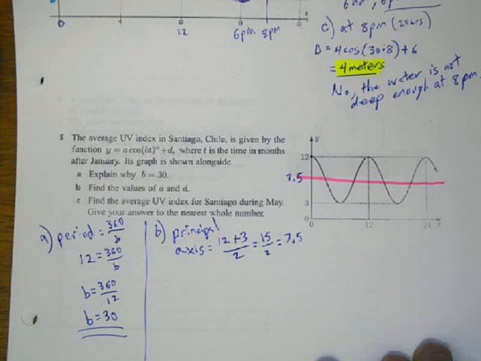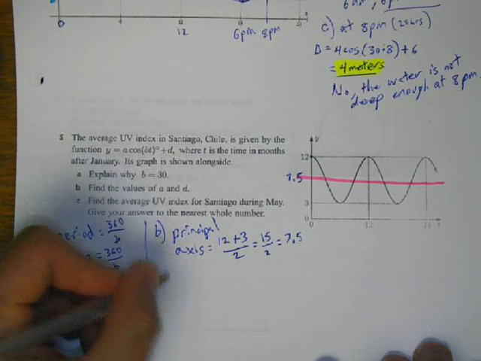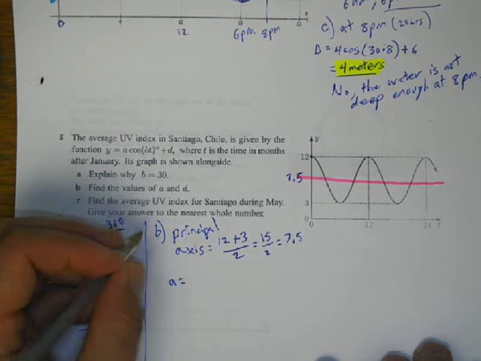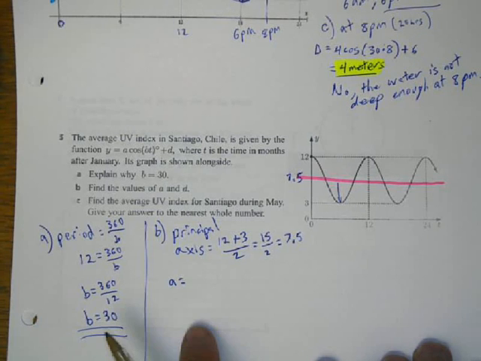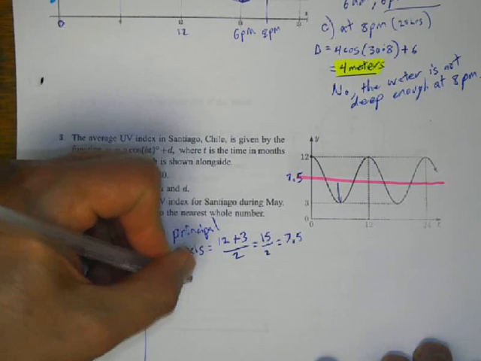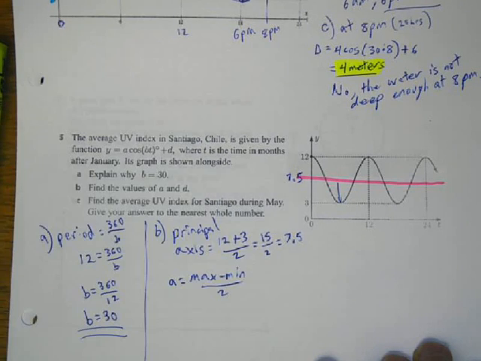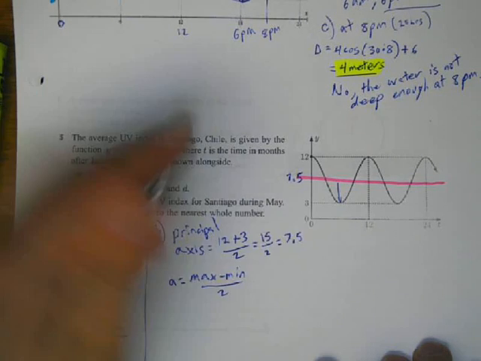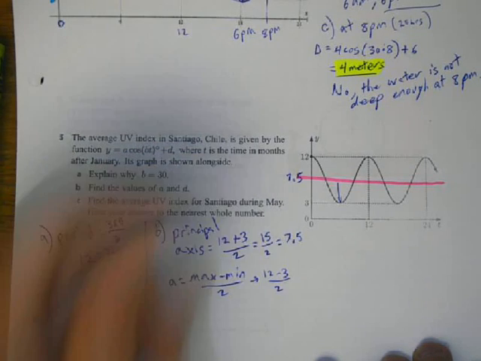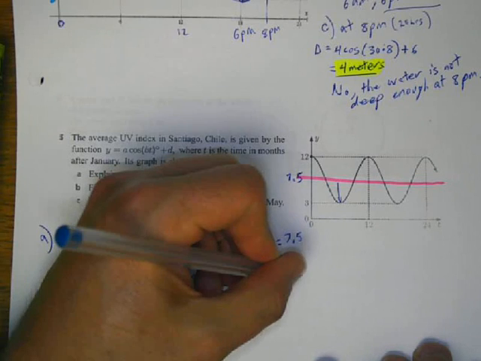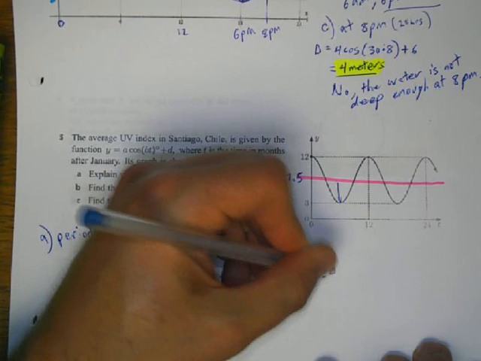Okay. And then the amplitude is the distance between here and here, right? So the amplitude we know is the max minus the min divided by 2. So that's equal to 12 minus 3 divided by 2. So 12 minus 3 is 9, and 9 divided by 2 is 4.5.